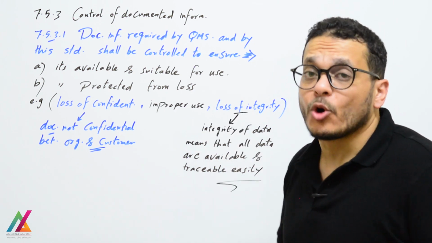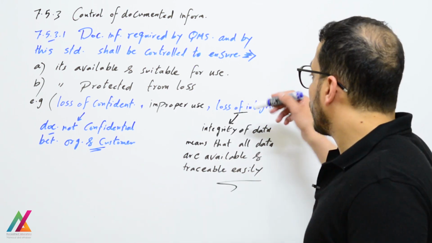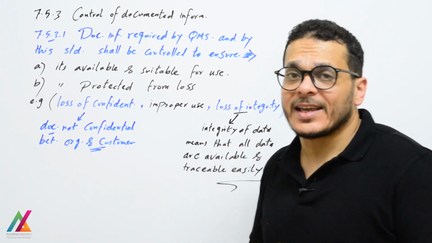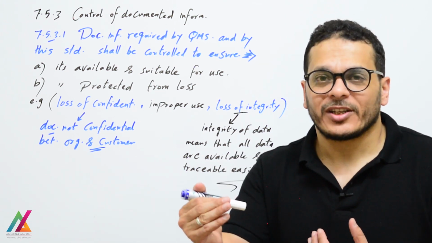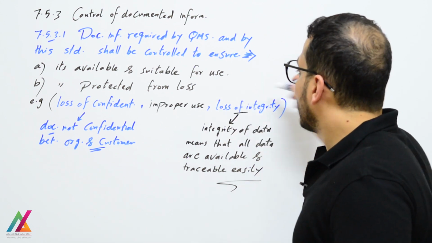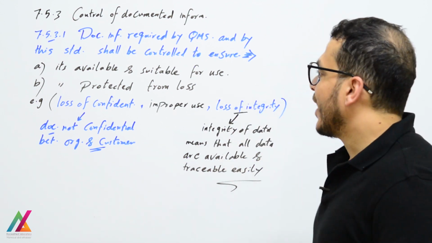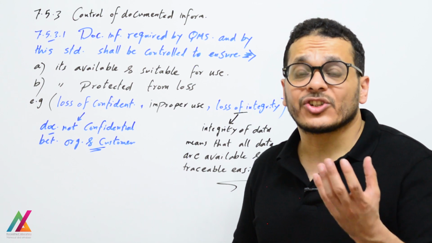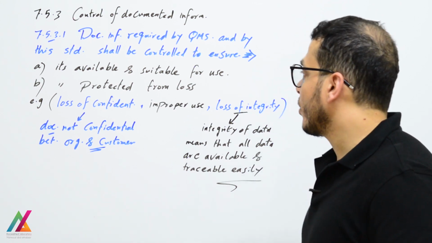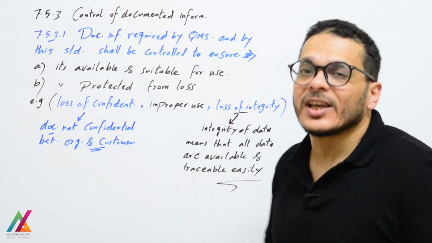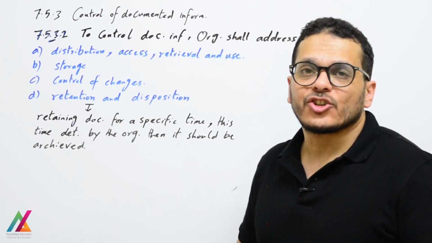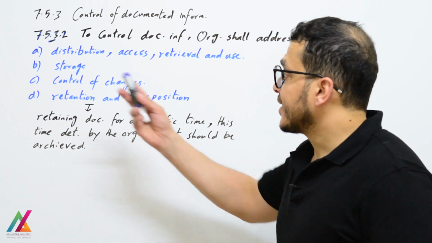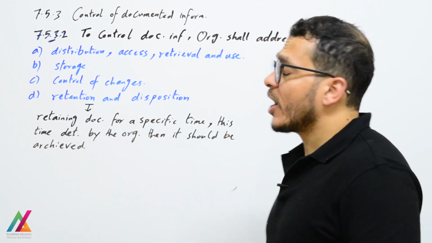Integrity of data means that the data are available and easily traceable. But if there is loss of integrity, that will affect your traceability for documented information, so it shall be protected from loss.